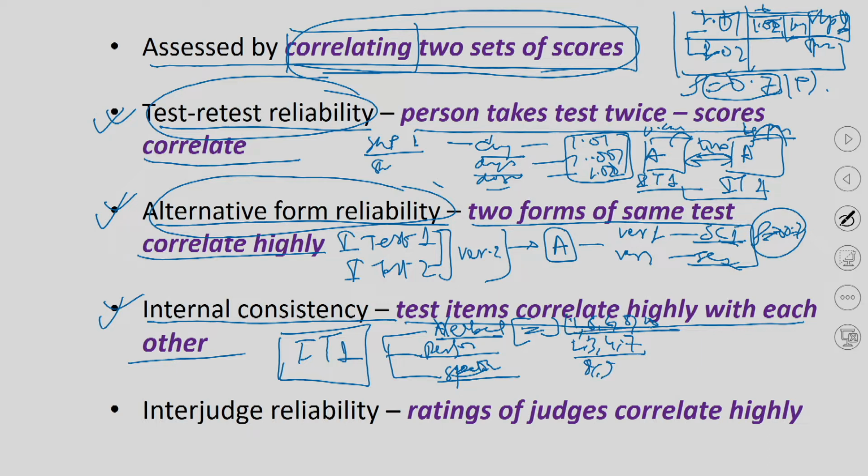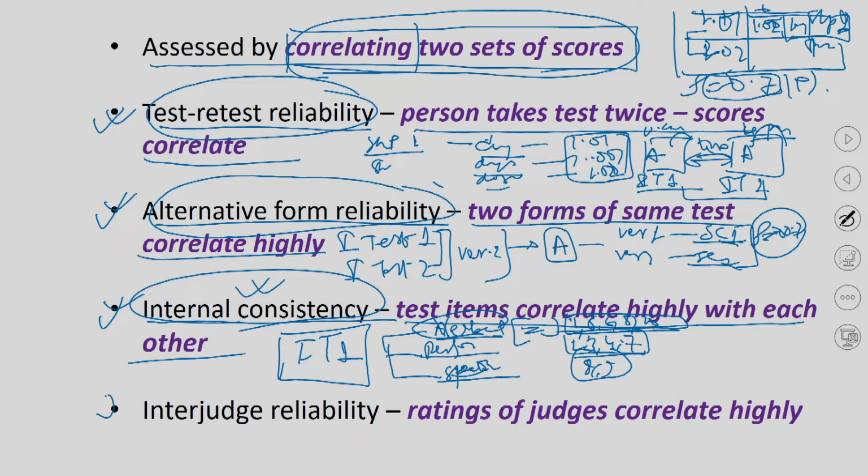Then if these questions individually correlate among themselves, this test is said to have internal consistency, which means that if the questions measuring verbal ability show high correlation, the test is said to have internal consistency. For any factor which is measured inside the test, if the questions measuring that factor have high correlation among themselves, they are said to have internal consistency.